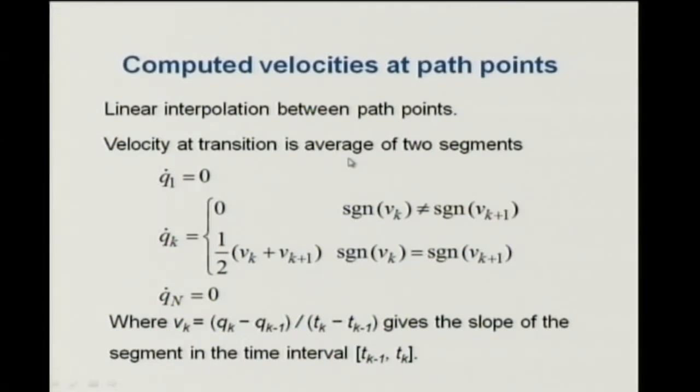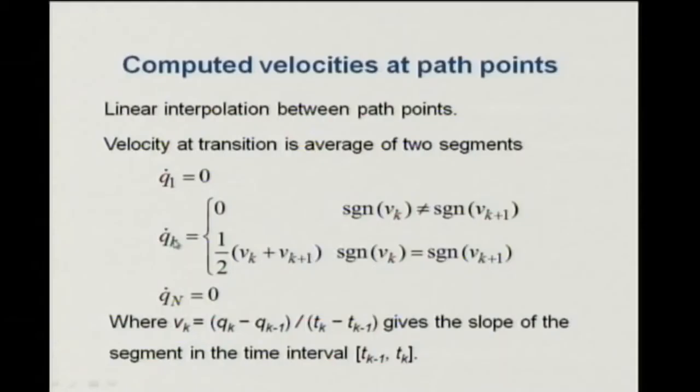If I have 2 points in space, qk and qk plus 1, I know the range and the time, so I have a velocity in that segment and can define a linear value for it. This is a rough estimated linear velocity in the segment, which I calculate as Vk.